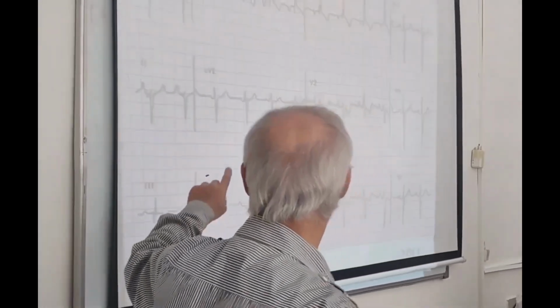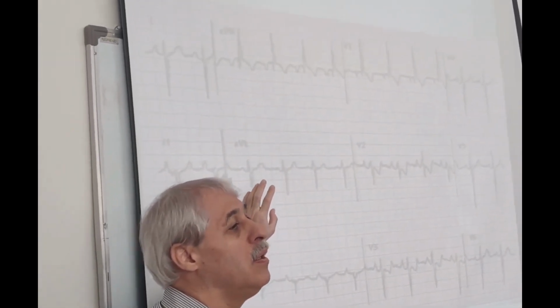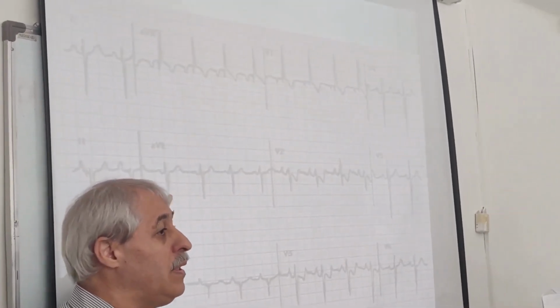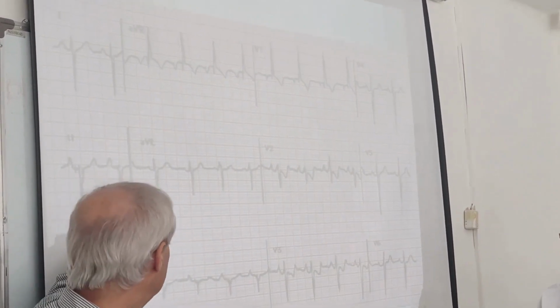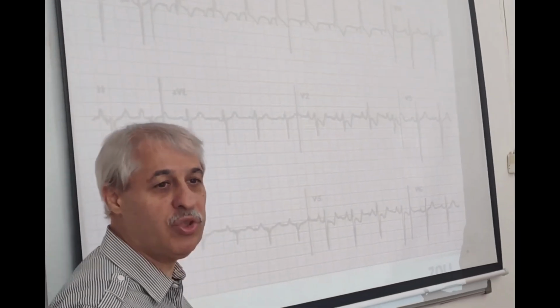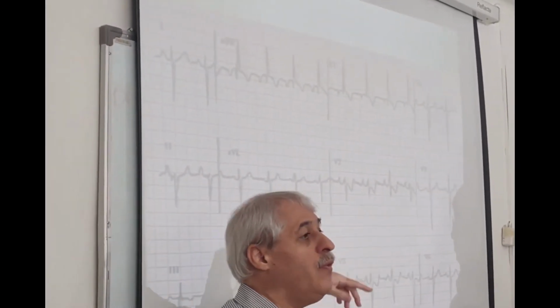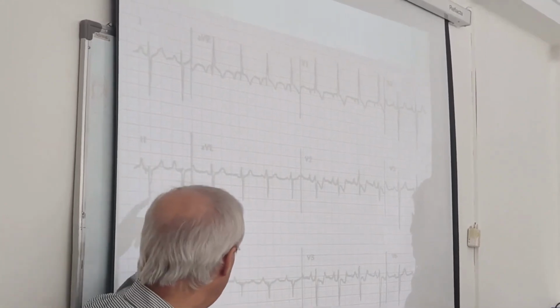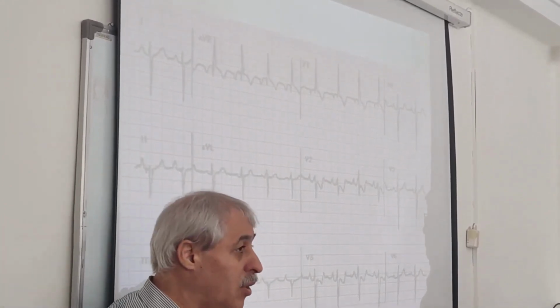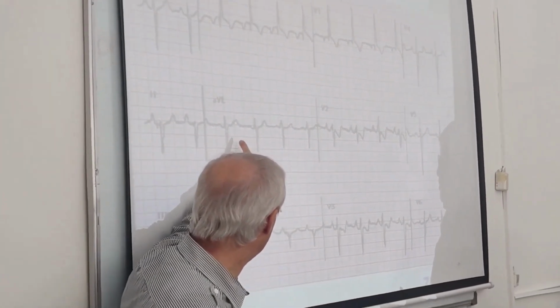You should find two subsequent QRS complexes and check the rhythmicity, means whether the time gap between two subsequent QRS complexes is equal or not. So the time gaps are equal. If equal, then you should divide 60 over the time gap between two subsequent QRS.